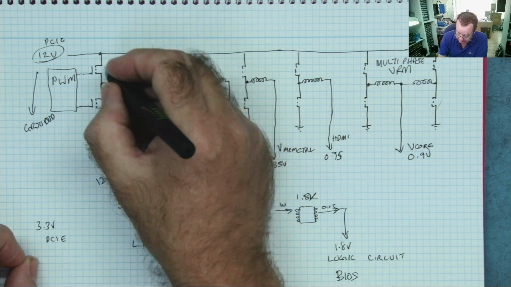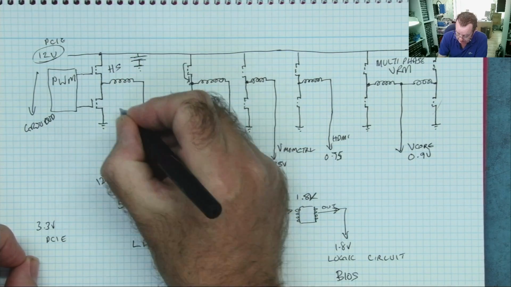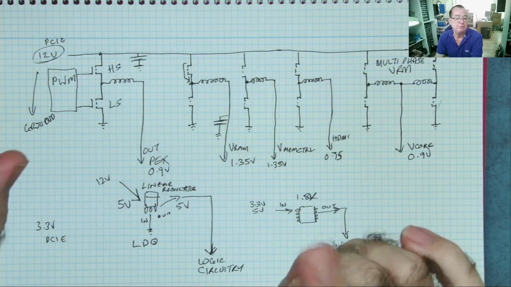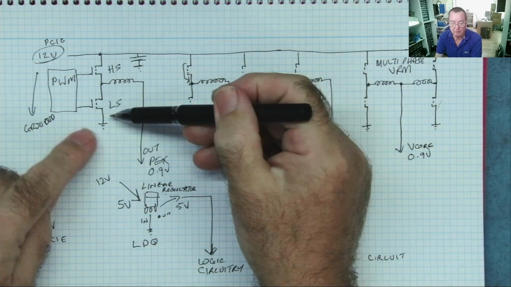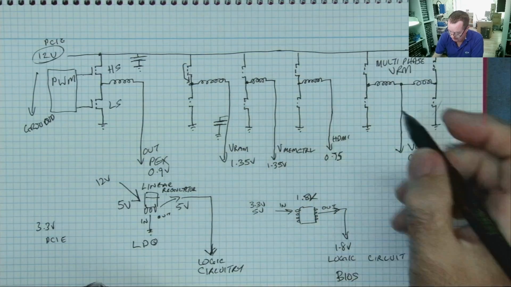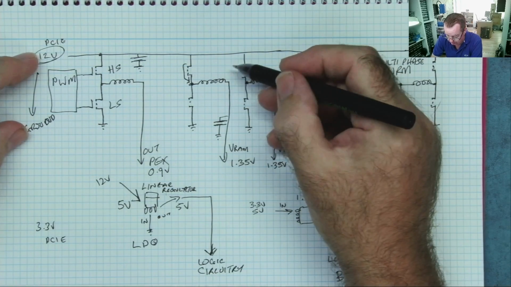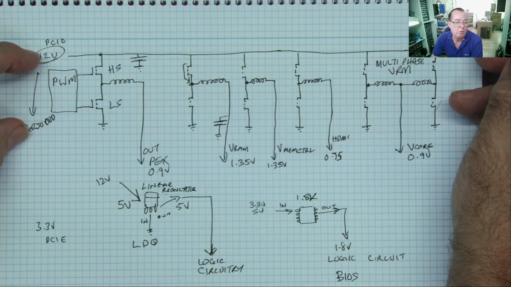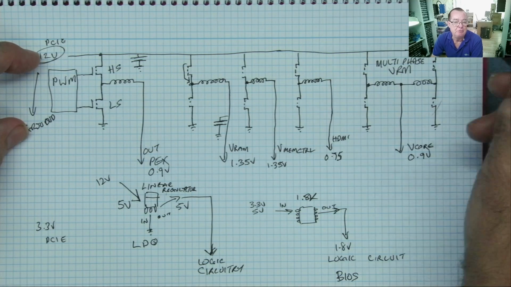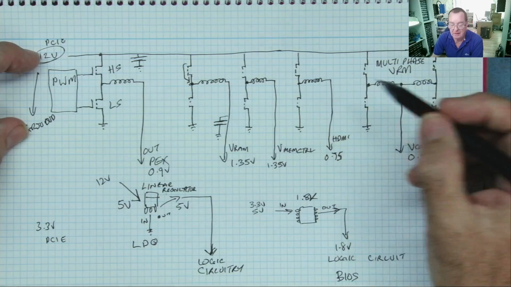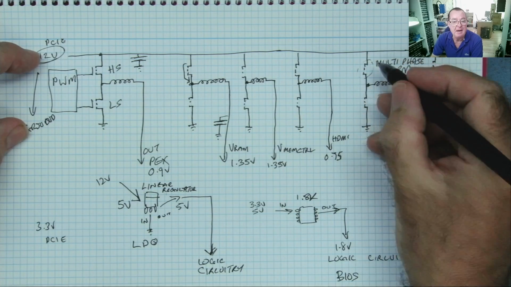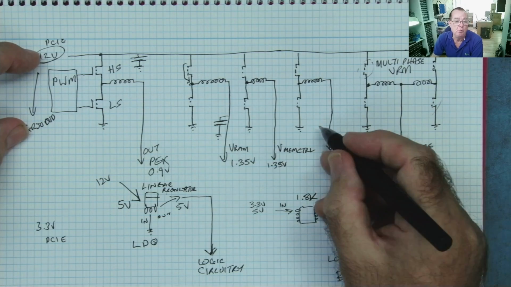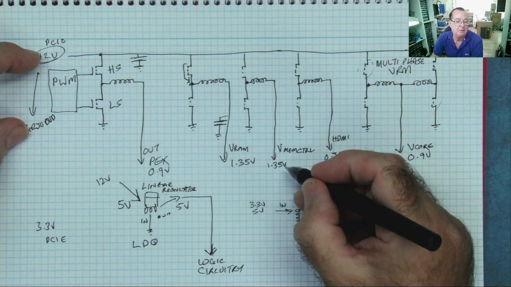These MOSFETs, by the way, are called high side, and these are called low side. High side because it connects to the high voltage, or high-ish 12, low side because it connects to ground. If you read a short from here to ground, it's a bad thing, yeah? Quite possibly what you're actually reading is a short in one or more of these MOSFETs and a short in whatever it is powering, okay?